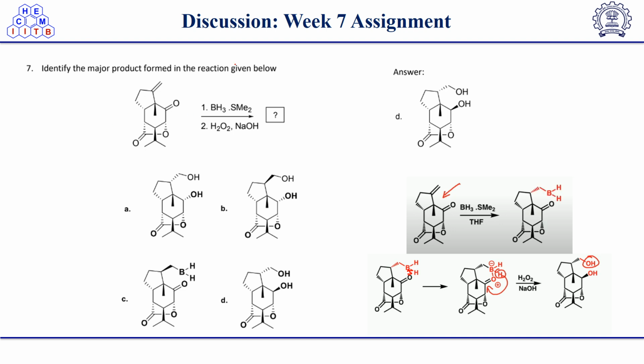Basically it is hydroboration and oxidation. And correspondingly in the same pot, this double bond is converting into OH by the transfer of this particular hydride into this carbon, and reducing this ketone as well. So hydroboration-oxidation of this double bond and reduction of this ketone will take place by the sequence of this reaction, first treating with this boron reagent and then H2O2, NaOH.